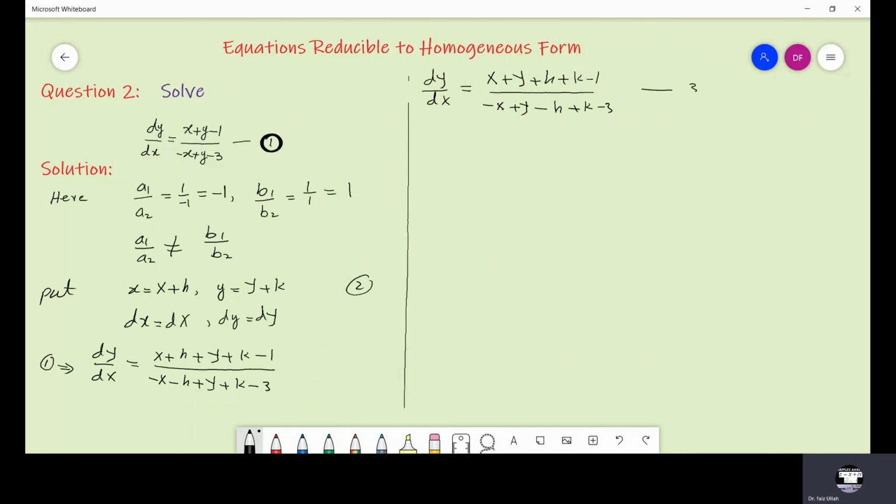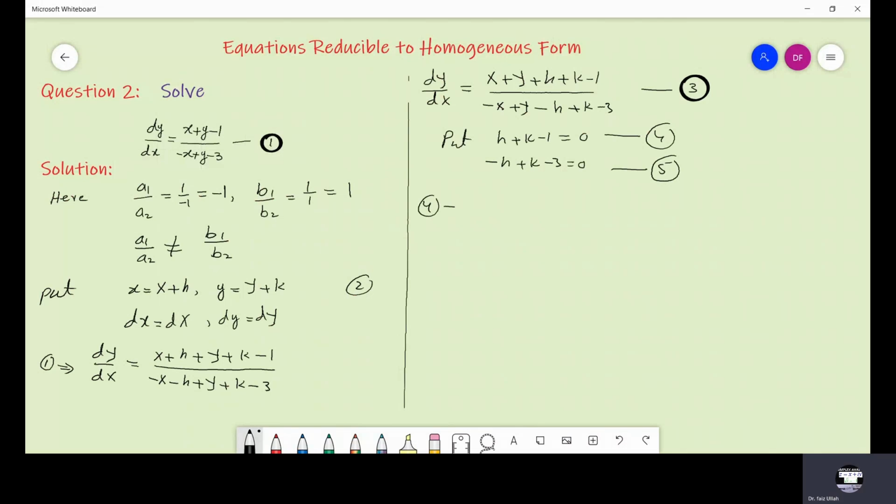Let us say this is equation number 3. Now put h plus k minus 1 is equal to 0 and minus h plus k minus 3 is equal to 0. This is equation 4 and let us say this is equation number 5.